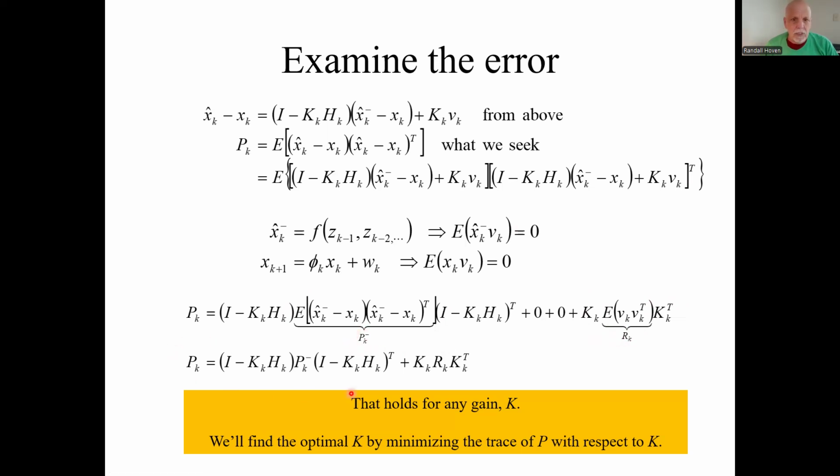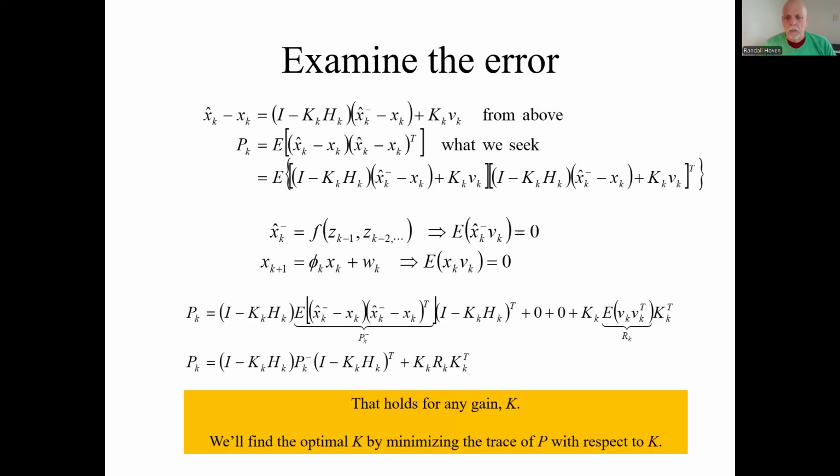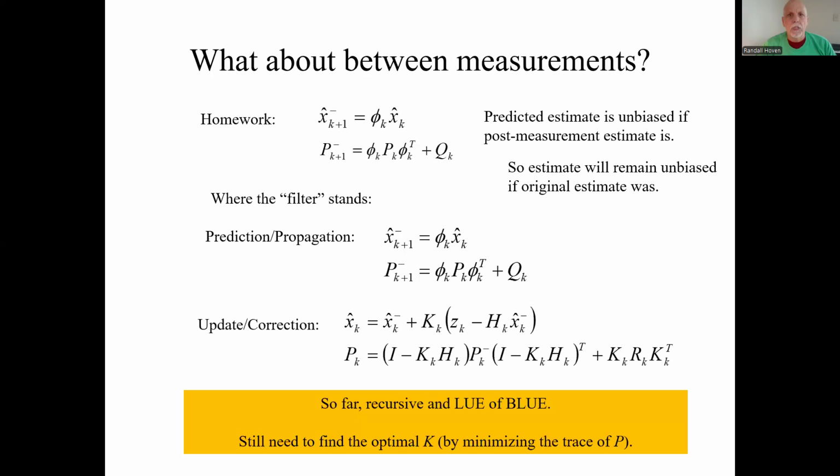So we have this little equation here. It's kind of messy. Everything in here is a matrix. But we now have equations to say that once you process a measurement, we have a way to update our estimate and update the covariance of the error of our estimate.